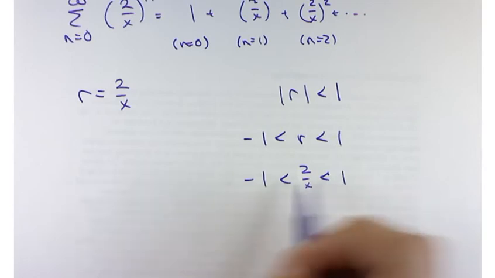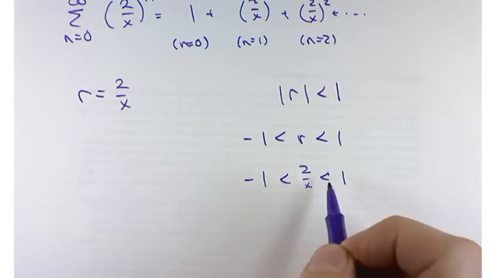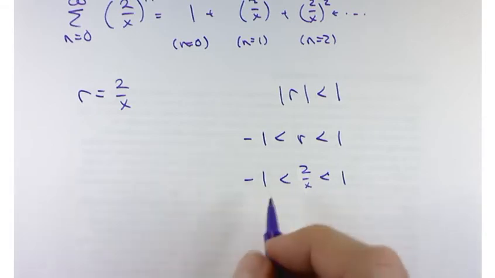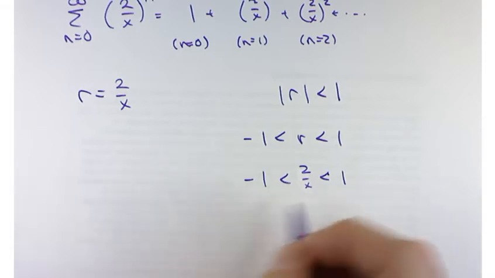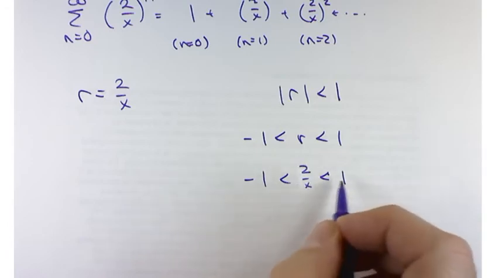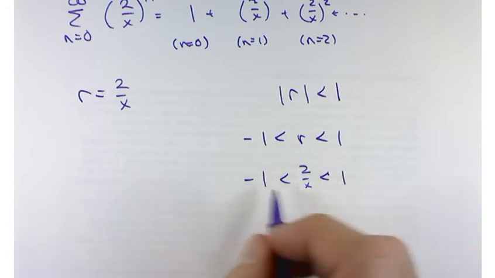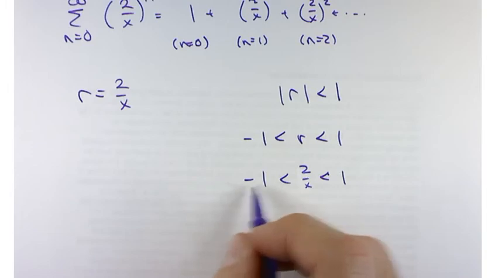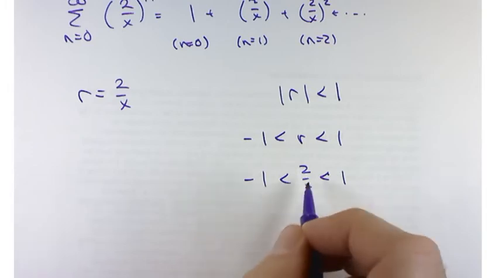I mean, we could solve them one at a time. All right, look, I don't want to spend too much time on this. What has to happen is that this ratio has to be less than 1 and greater than -1. So what's the most that 2 could be and still be less than 1?